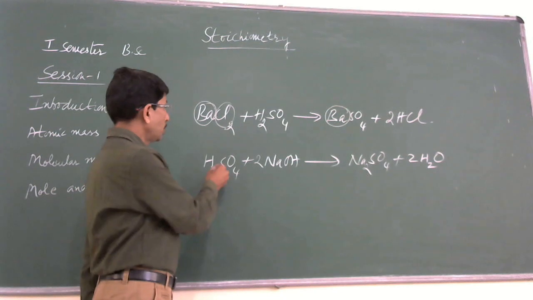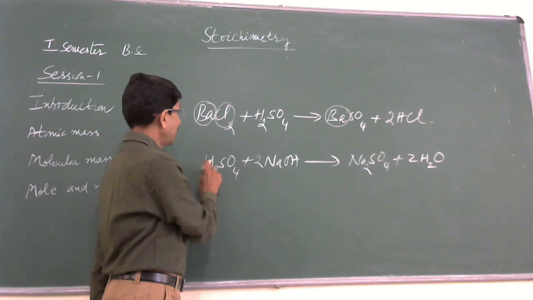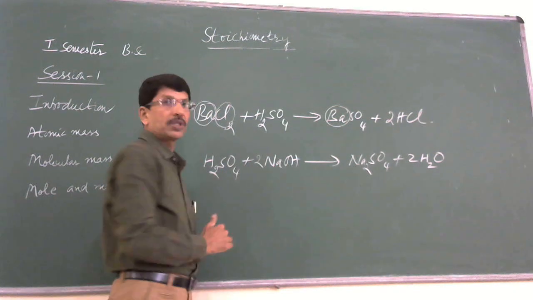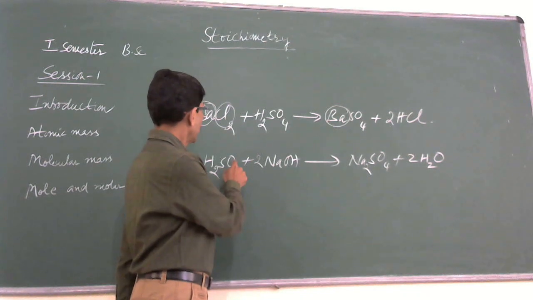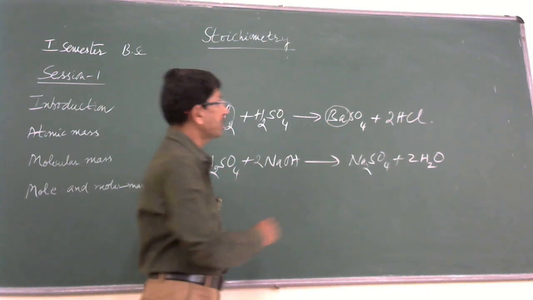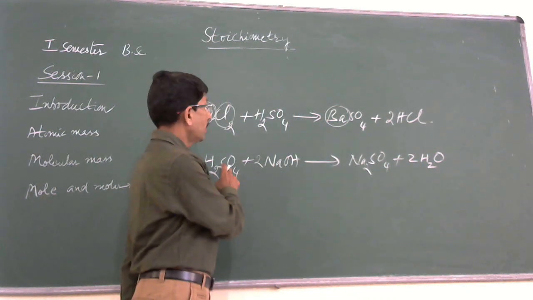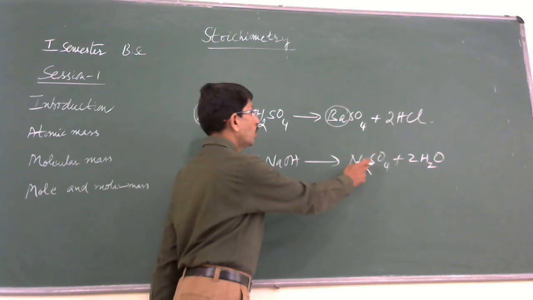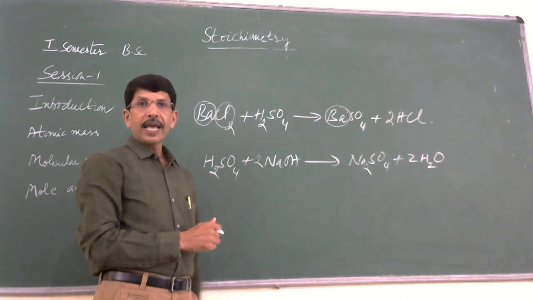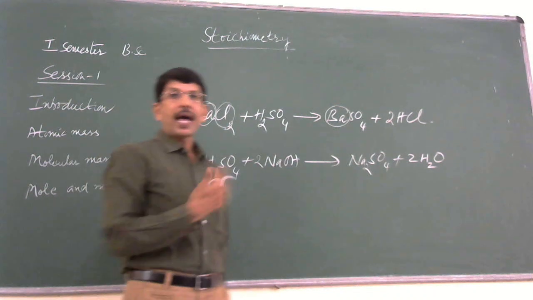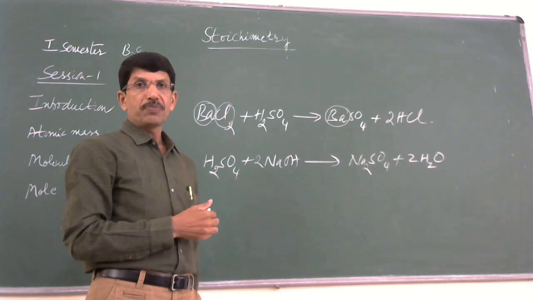So here also, when we look at the number of hydrogen atoms on the reactant side, we have two here, two hydrogen atoms, totally four. We have four hydrogen atoms here. Then you have four oxygen plus two, six oxygen atoms, 4 plus 2, 6 oxygen atoms. Then you have one sulfur atom here, one sulfur atom here, and two sodium atoms, and two sodium atoms. So like that, we balance a chemical reaction according to law of conservation of mass.